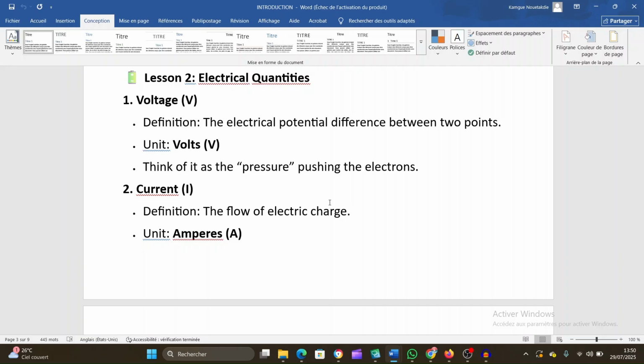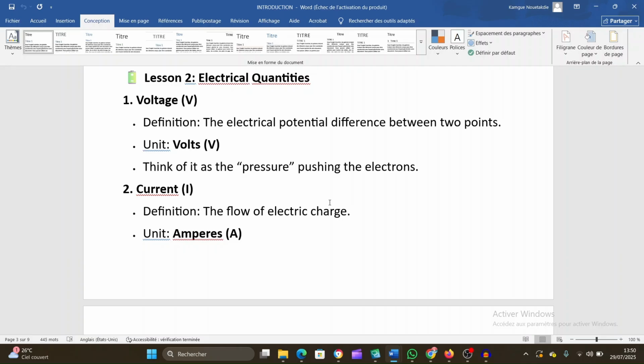But you may still ask what we mean by electrical potential difference between 2 points. To be practical, imagine a bulb and a bulb holder. Usually, when you take a bulb holder, you have 2 connection points there, plus and minus.